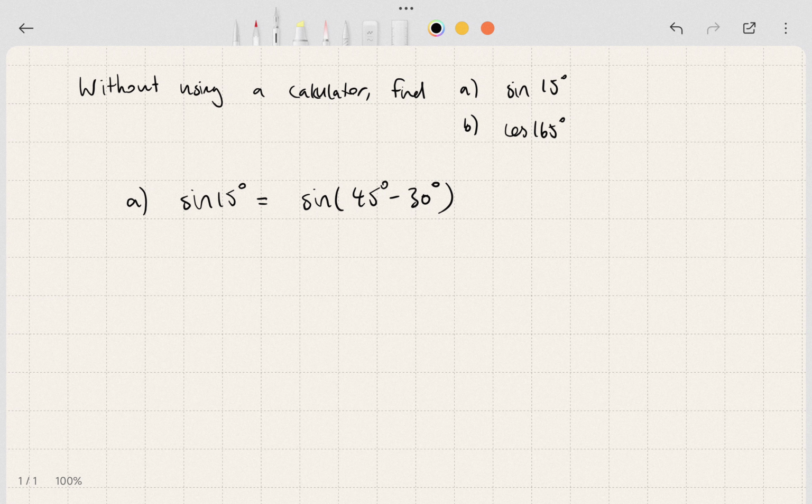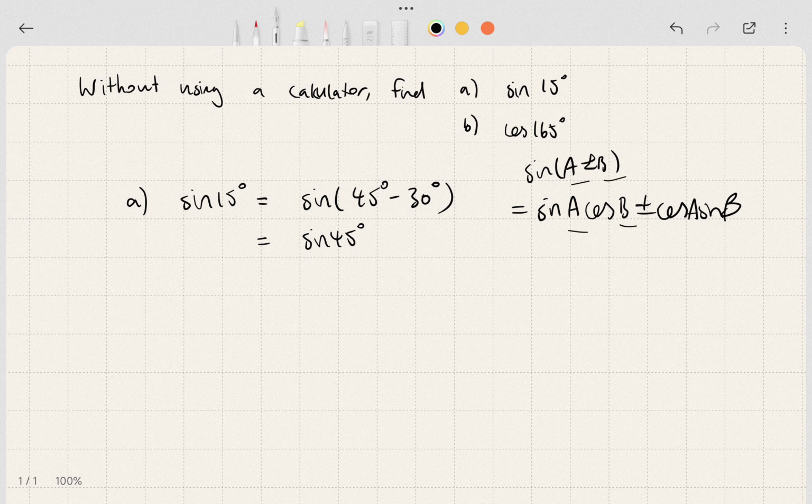Using the formula, sine of A plus or minus B is equal to sine A cos B plus or minus cos A sine B, so the angles alternate as such. So we get sine 45 cos 30 minus cos 45 sine 30.